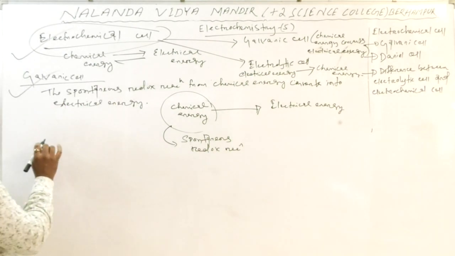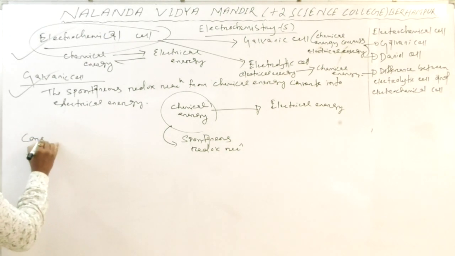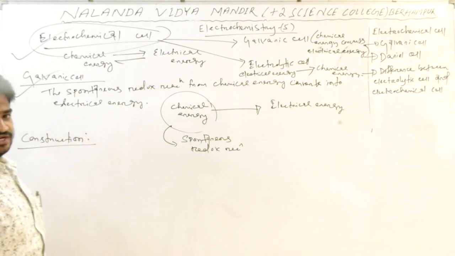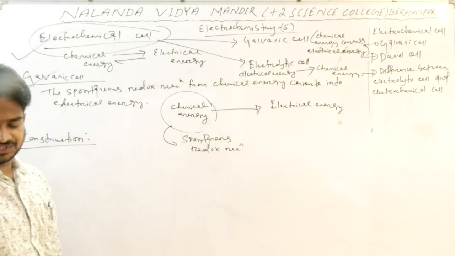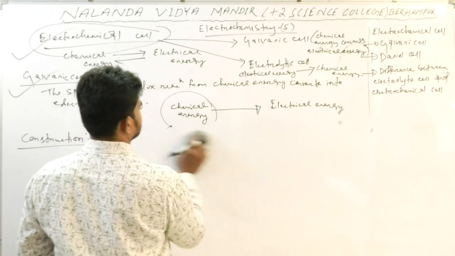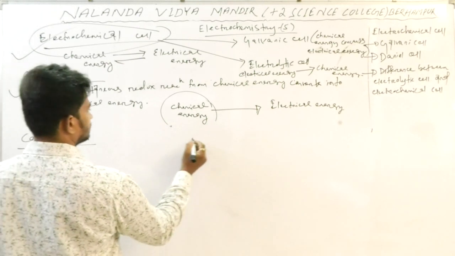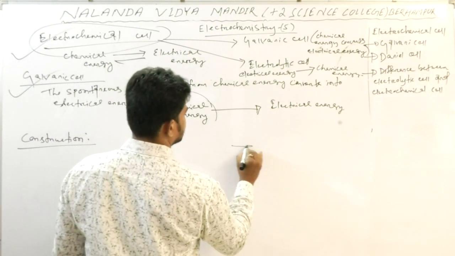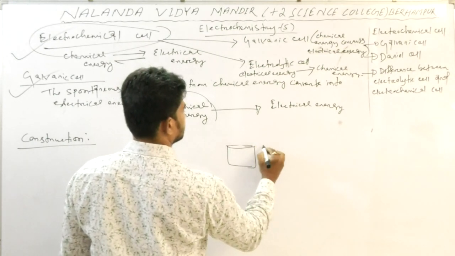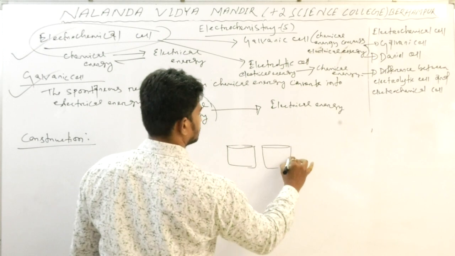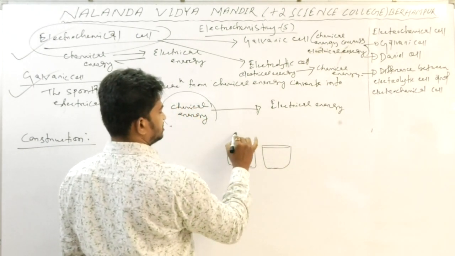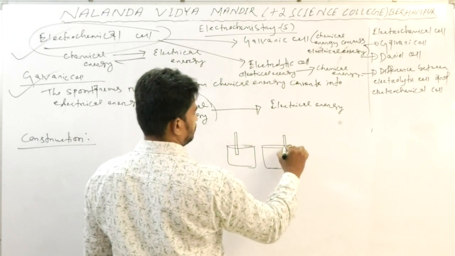So first, if I talk about construction, first we need to take two half cells. These are two beakers, and here a zinc rod is placed, here a copper rod is placed.